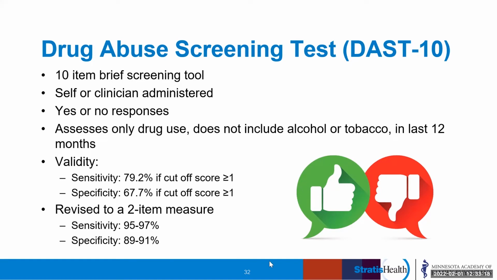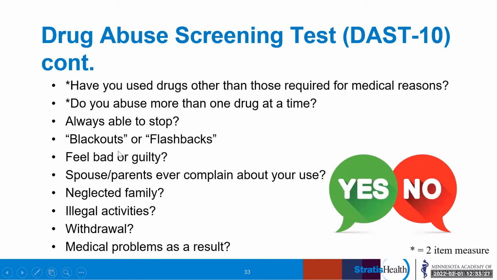Validity, it's not the greatest, but it's definitely decent, especially when we're looking at the 2-item question. So the 2 items are the starred ones here at the top. Have you ever used them for a purpose other than medical purposes, as we'd all understand? So a person who's getting a controlled substance and taking their pain med to help them sleep is a good one.